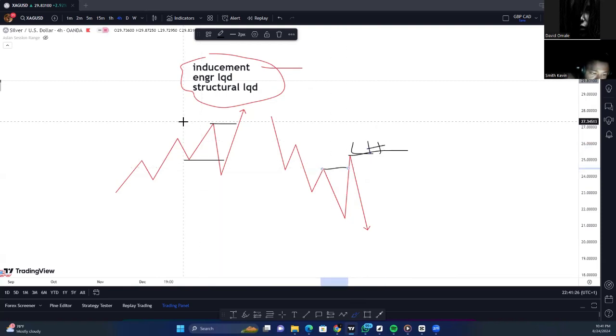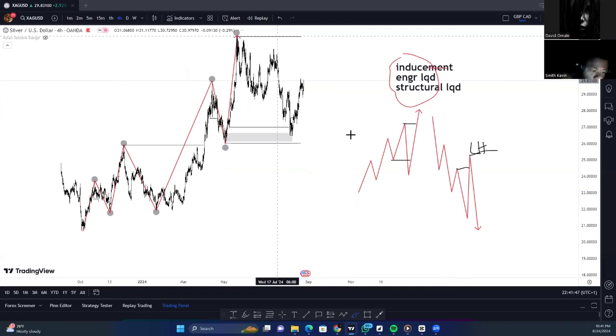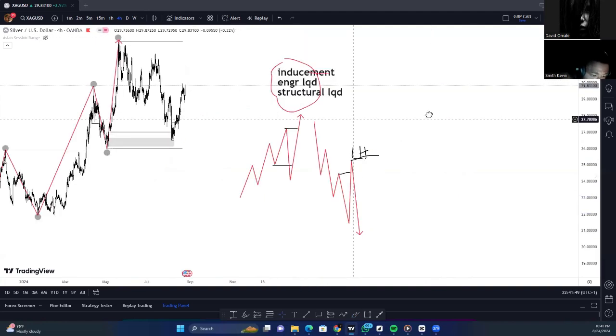Understand? So this is understanding inducements in respect to mapping out structure, true structure map out. Understanding inducements in respect to advanced structure. Now, we've already explained this. I'm just brushing up on this.